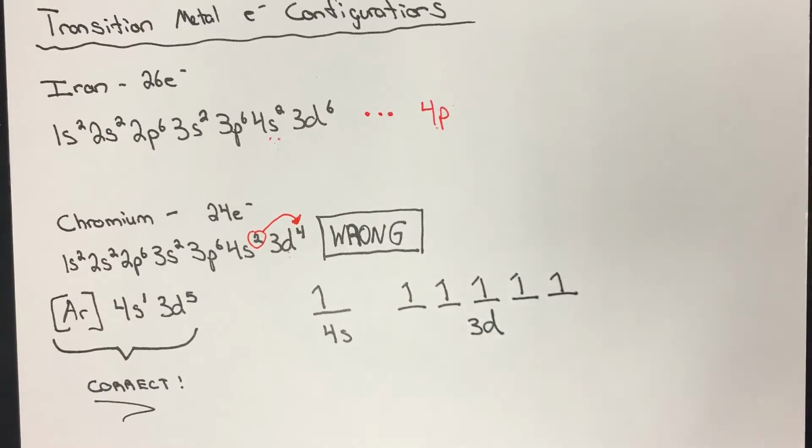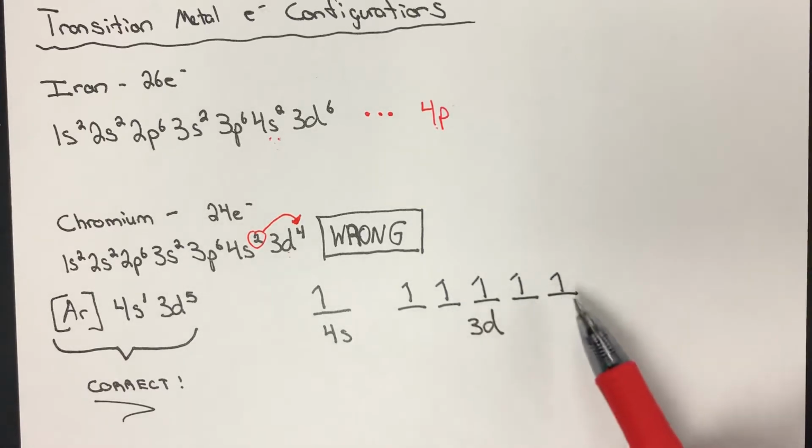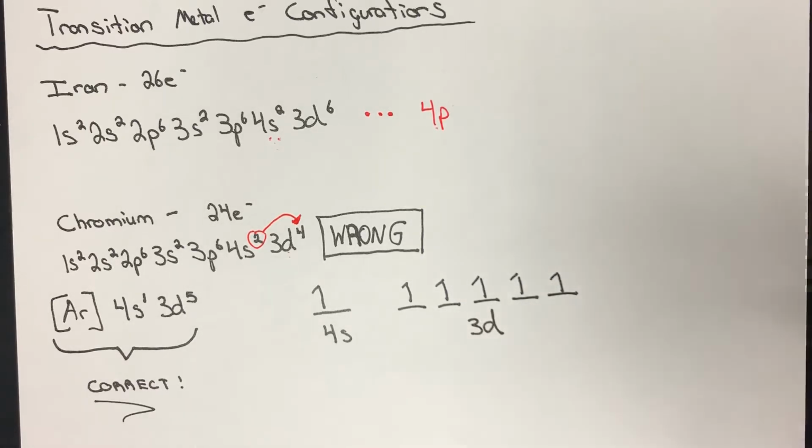The reason behind this, we're not going to go into much. The idea is that by having half-filled d subshells, there's a stability conferred upon chromium. Again, there's even some debate there. I just wanted to point out that there are some exceptions among these transition metals.